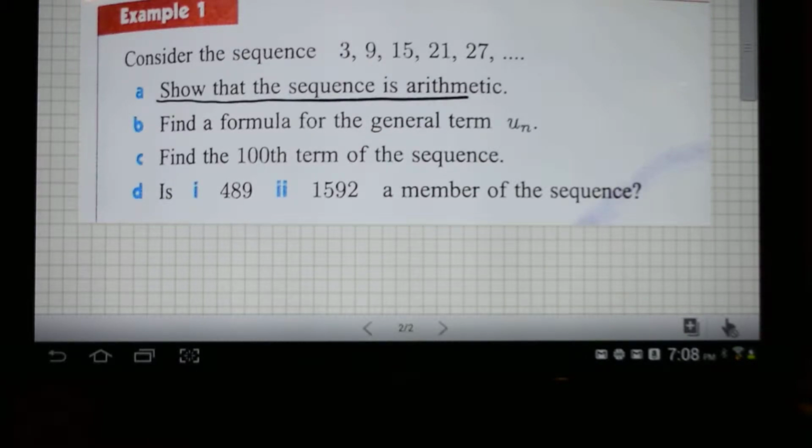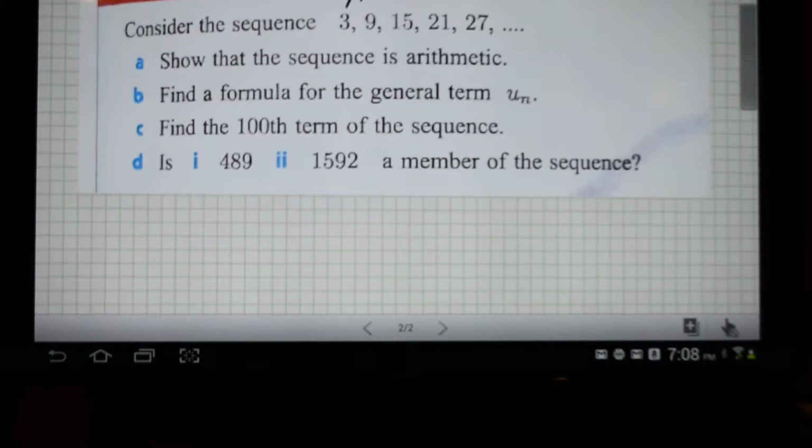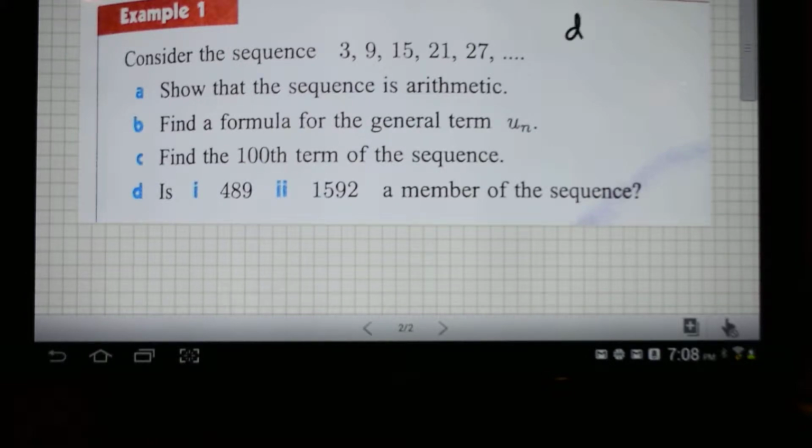To do that, all you have to do is pick 2 pairs of consecutive terms and subtract them. So we can do 3 and 9. The common difference is always going to be the second term minus the first term, or the third term minus the second term, and so forth.